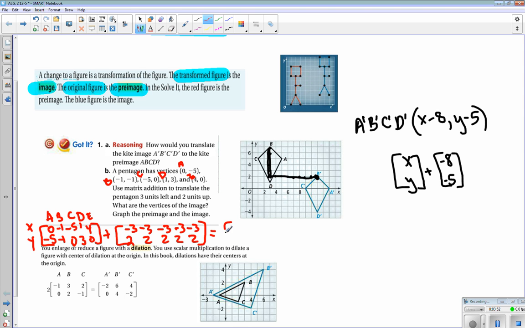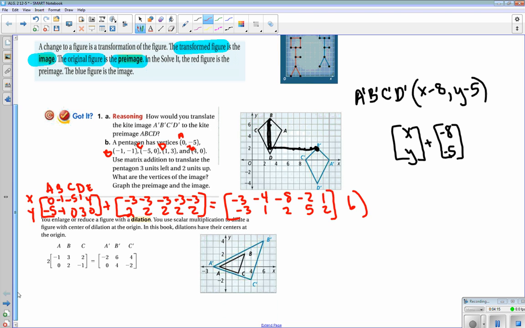So then I get negative 3, negative 4, negative 8, negative 2, and 1. And then I get negative 3, 1, 2, 5, and 2. So that's the answer to B.